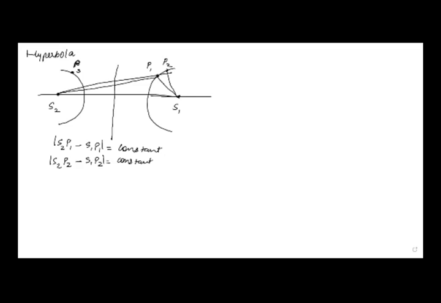I will take just a positive difference. So if I subtract S1P3 minus S2P3, then I will get the same constant value. So this is how we get hyperbolas, right?